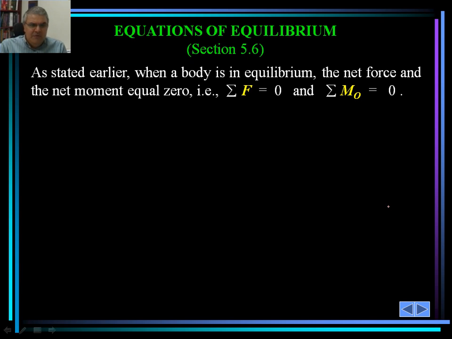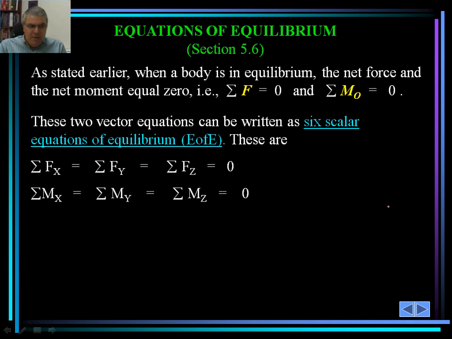So as we stated earlier, when we have a body in equilibrium, the summation of forces is zero, and the summation of moment about any point on the body, or any arbitrary point, should be zero. It could also be outside of the body. So these two vector equations, summation of F and summation of moment, could be written in 6 scalar equations because we are now dealing with 3D.